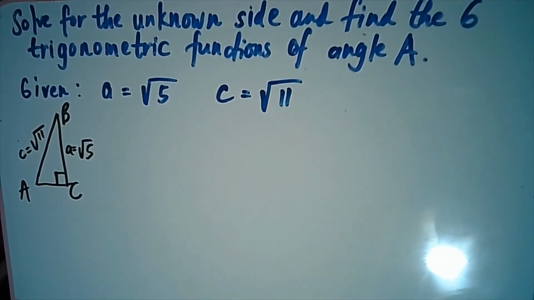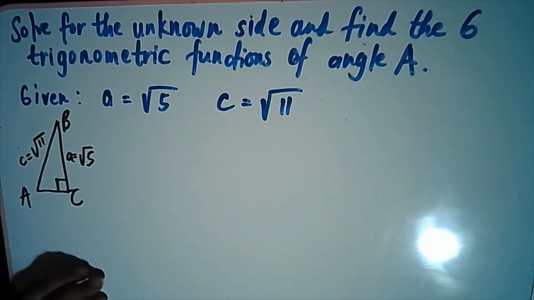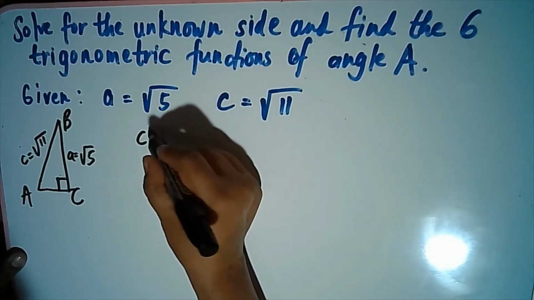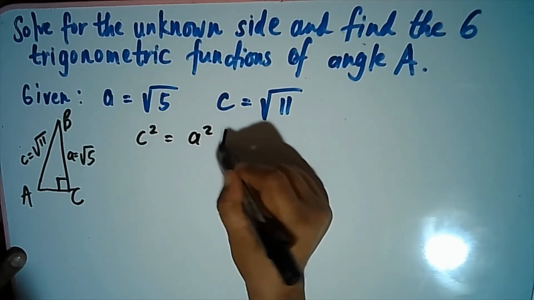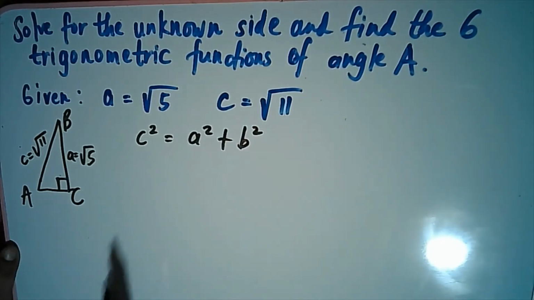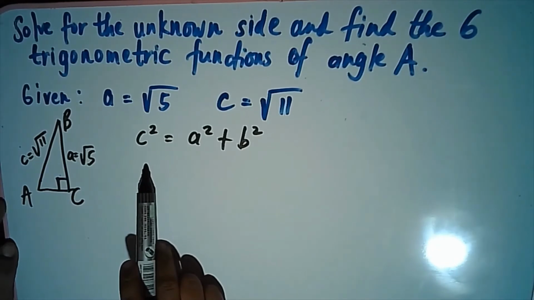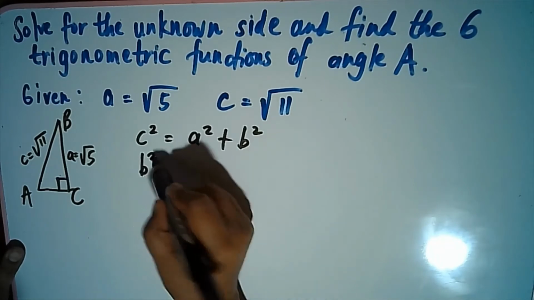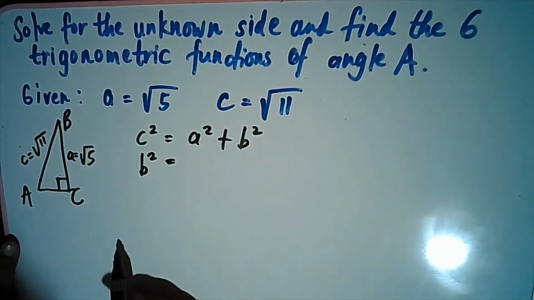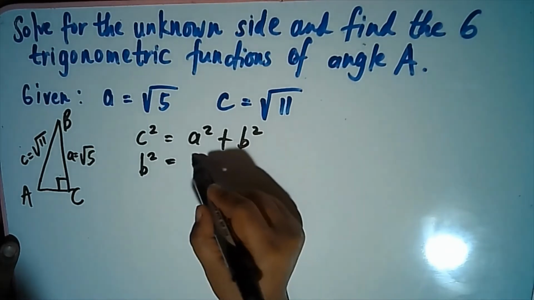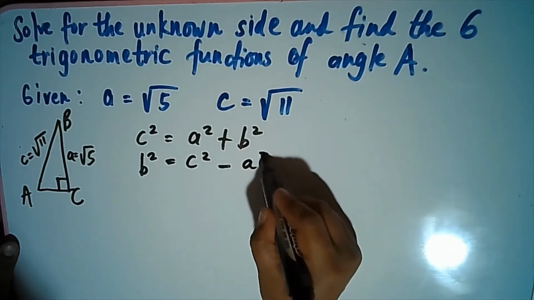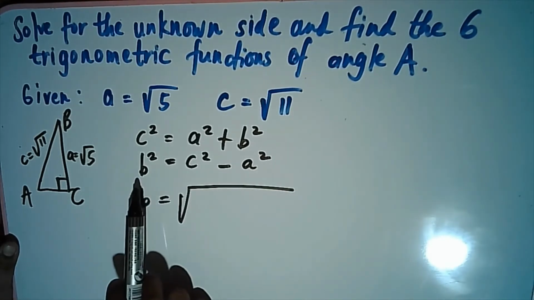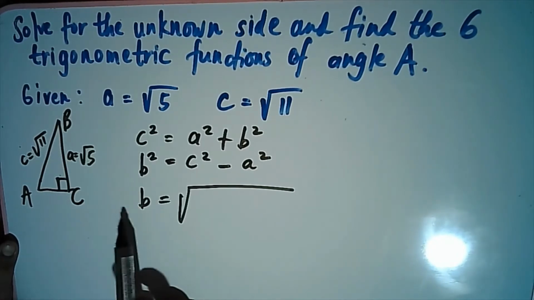So now let's find the side B. So this one is the formula for the Pythagorean Theorem. So we're finding the B. So transposing, B squared is equal to C squared minus A squared. So we'll be able to find the measurement of the side B.